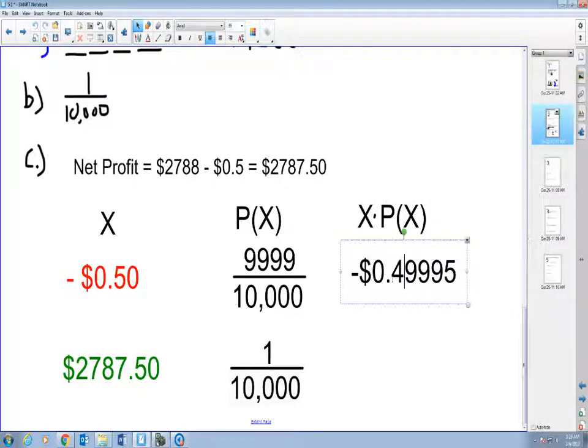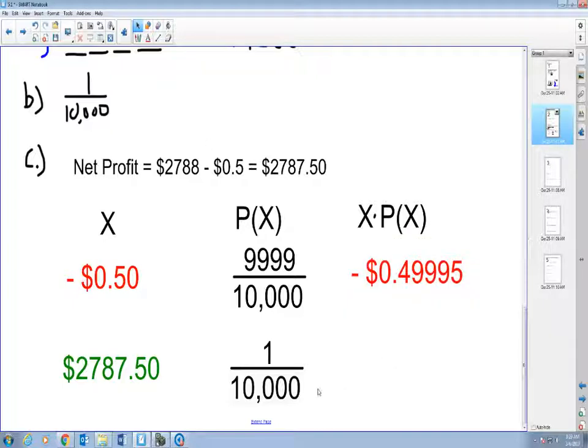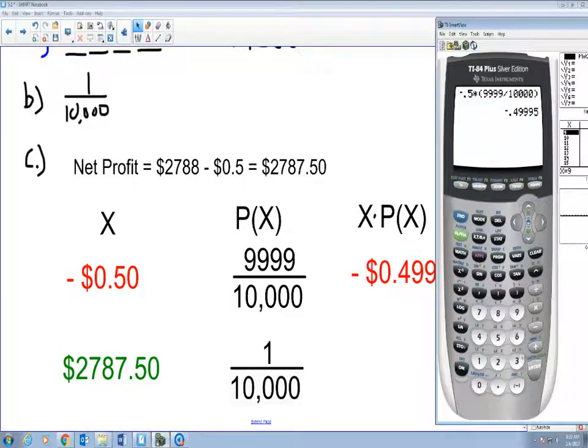Alright, that's 3 nines. Okay, very good. So this is negative. Put it in red because I just lost money. Alright, the chance of winning 2787.5 times the chance of winning 1 out of 10,000.